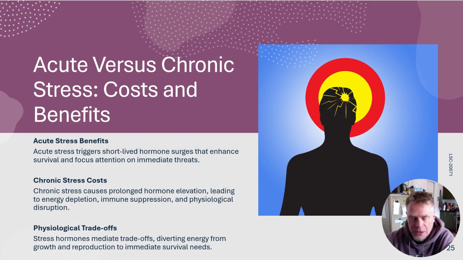That could be harmful if the stress is activated even when the danger isn't there. And we have physiological trade-offs. Stress hormones mediate trade-offs, diverting energy from growth and reproduction to immediate survival needs, as you will have seen.